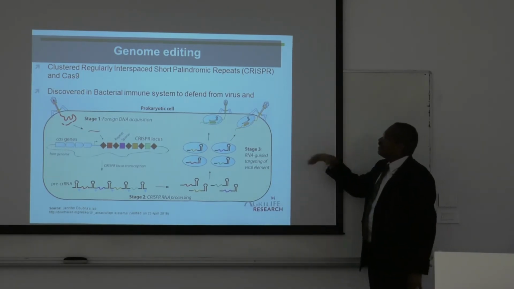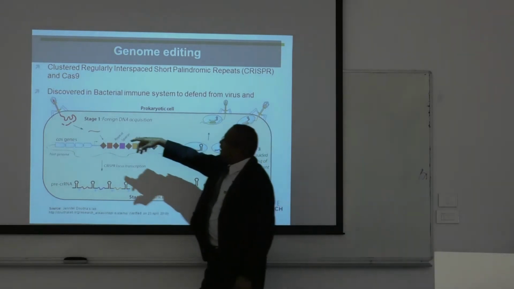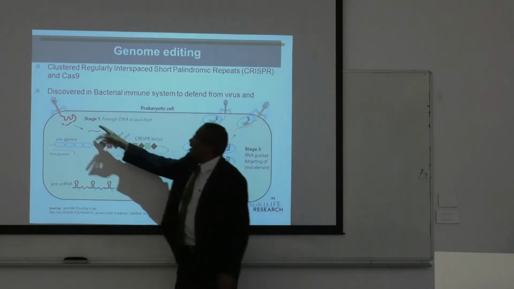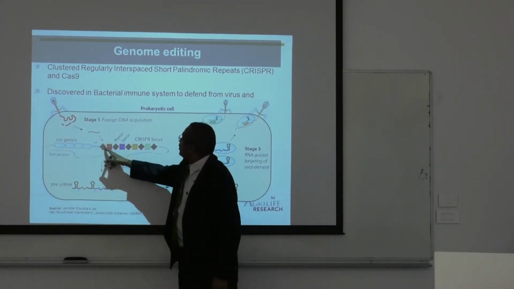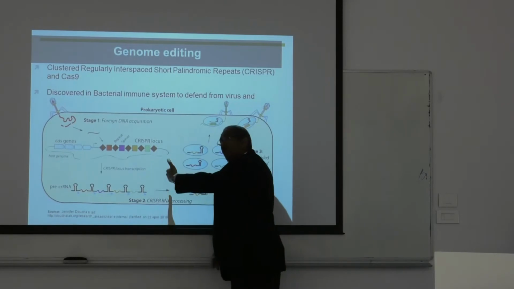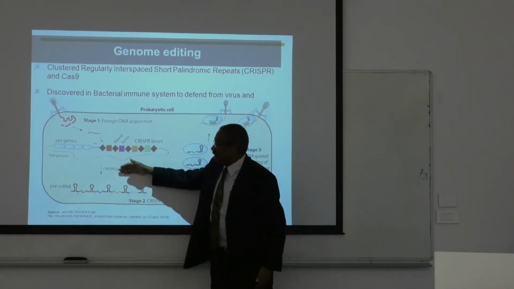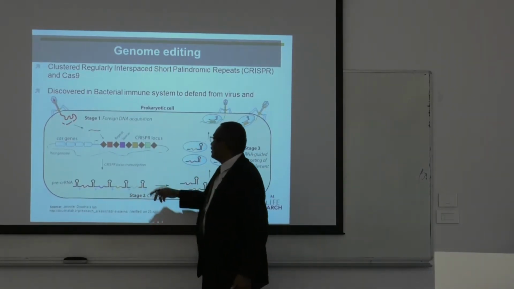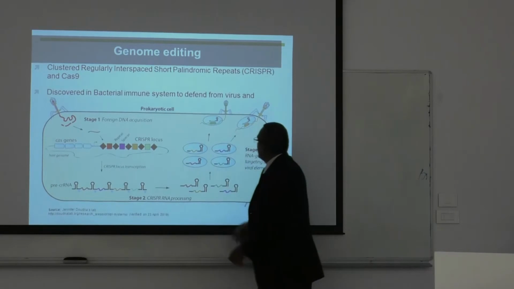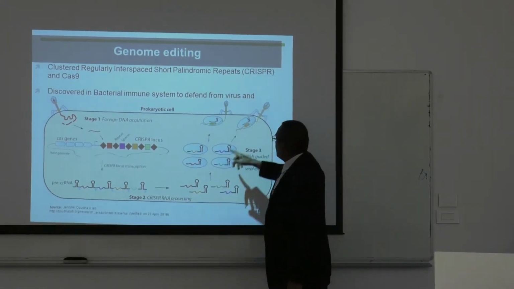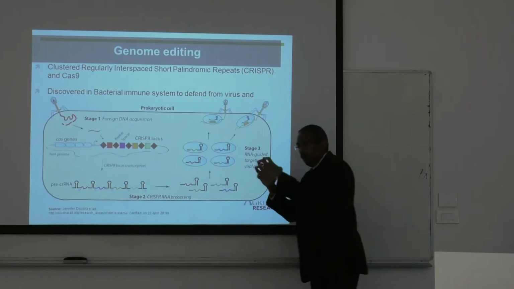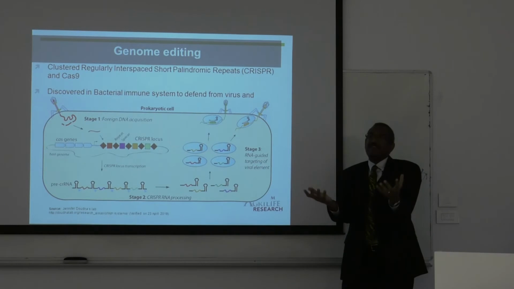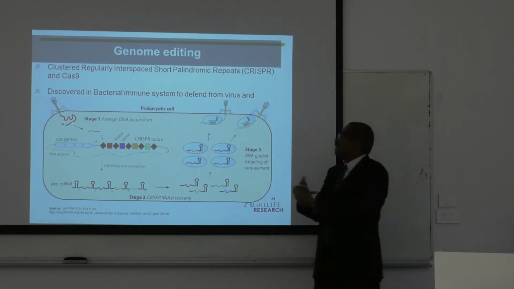So the bacteria developed this technology a long time ago by recognizing the genetic sequence of the invading phage. Okay, it becomes part of the genome of the bacteria. So once it becomes part, it can transcribe RNA for it, depending on what phage there is. So different transcriptions. We call these guide RNAs. So when the phage comes, the guide RNA with the Cas9 complex, Cas9 is nothing but a protein that has a nuclease activity, meaning it has scissors that can cut the virus.